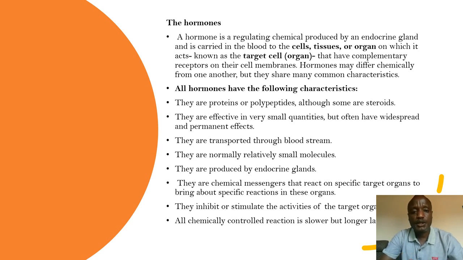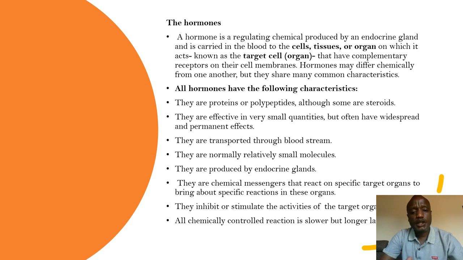Hormones may differ chemically from one another, but they share many common characteristics. Some are proteins, others are peptides, and others are steroids. Hormones are effective in very small quantities, but often have a widespread and permanent effect. They can be transported through the bloodstream.